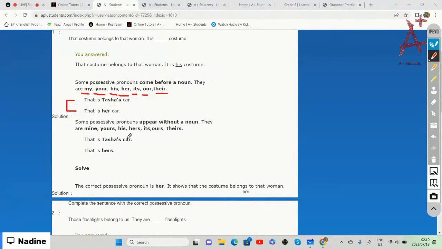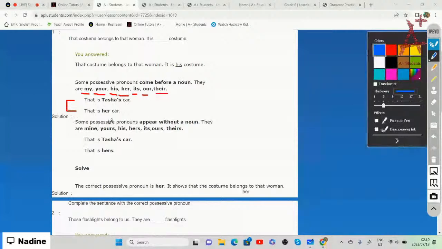If that car belonged to Ben, Ben being a man or boy, then we can say that is his car. So her refers to Tasha and his is referring to Ben.